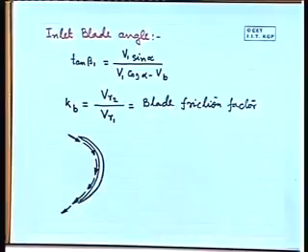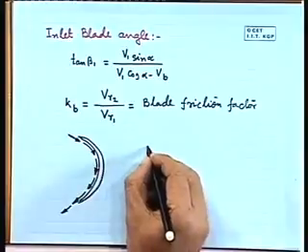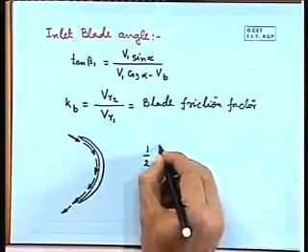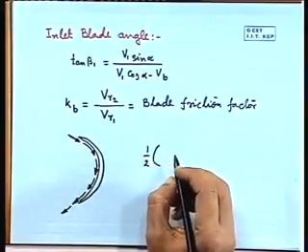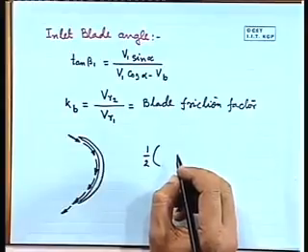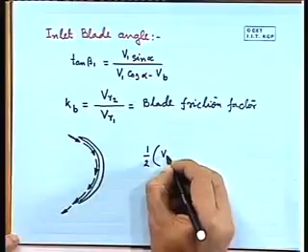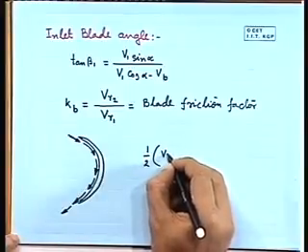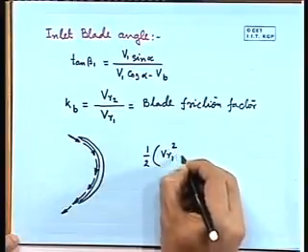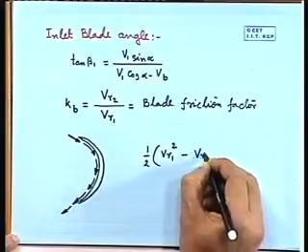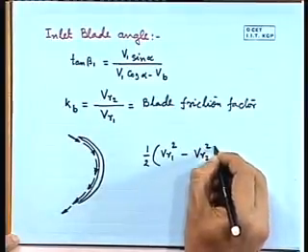From here, we can also determine what is the frictional dissipation. The frictional dissipation, the kinetic energy which will be lost due to friction, that is equal to half Vr1 square minus Vr2 square.